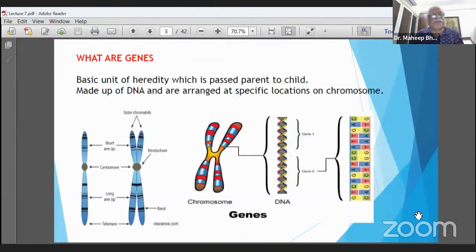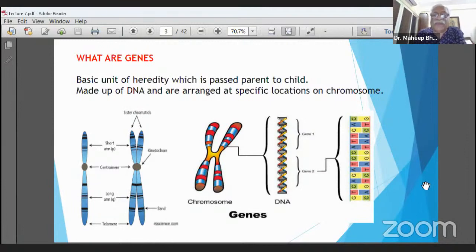Okay, if you go to the first slide, in the last lecture I explained that our body is made up of cells, and each cell consists of DNA inside a nucleus. Here you can see a chromosome-like structure, and this structure is actually made up of DNA, which looks like this.